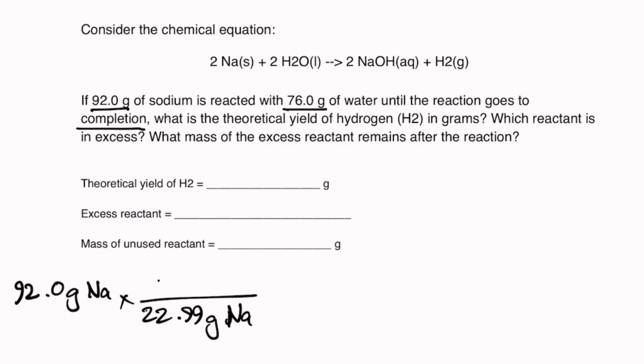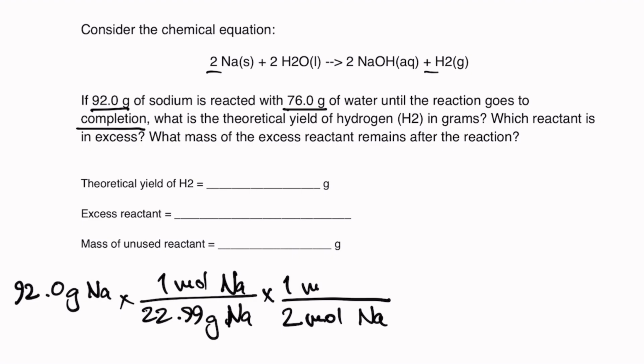That many grams of sodium in 1 mole of sodium. Then we're going to use the molar ratios from right here in order to find out how much hydrogen we're going to get. And I'm just going to leave this at the moles of hydrogen for now.